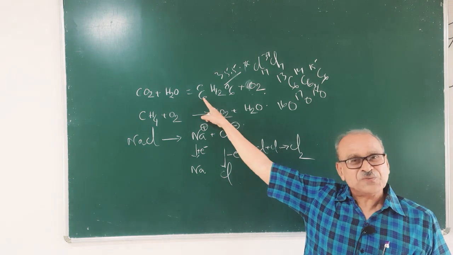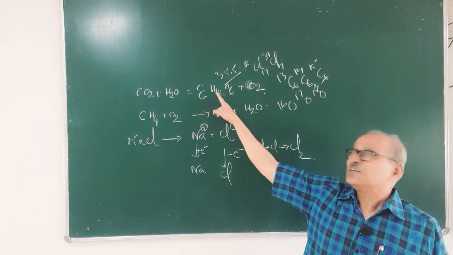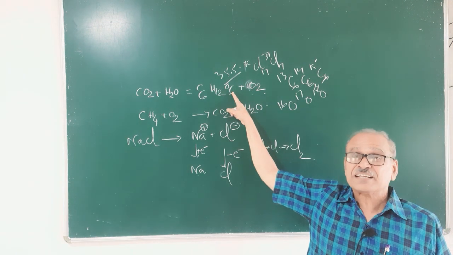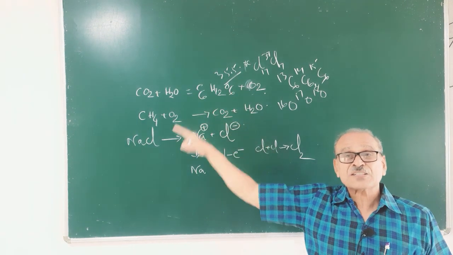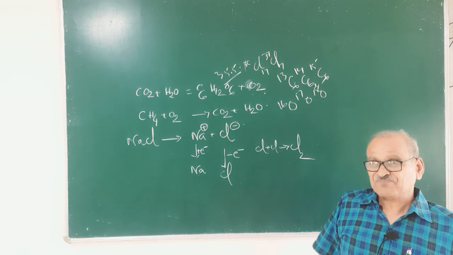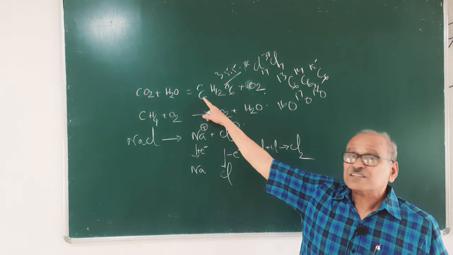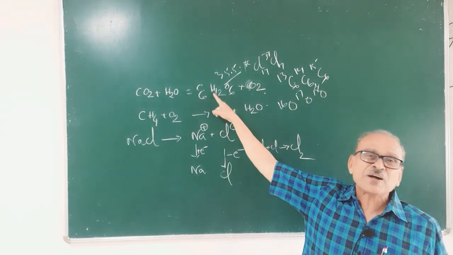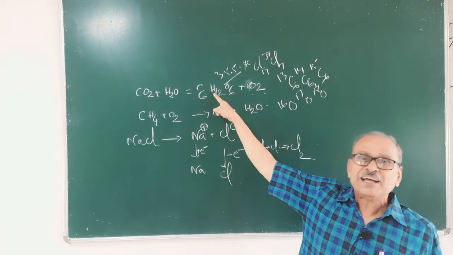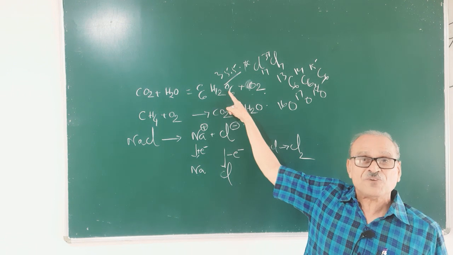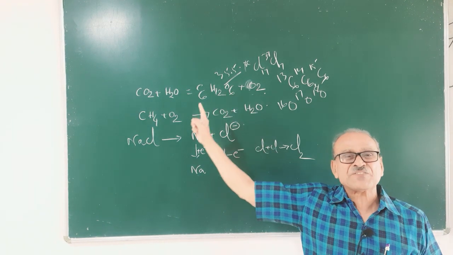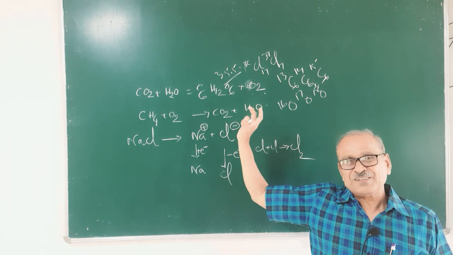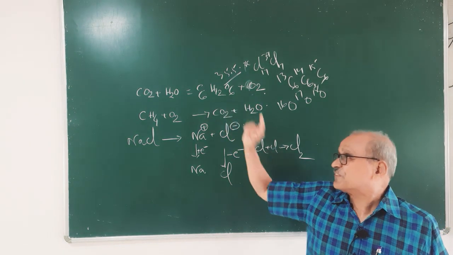So, 6 into 12, 72; 12 into 1, 12; and 6 into 16, 96. Total works out to be 180. So, the proportion is 72 parts by weight of carbon, 12 parts by weight of hydrogen and 96 parts by weight of oxygen. That ratio is fixed in all glucose molecules.